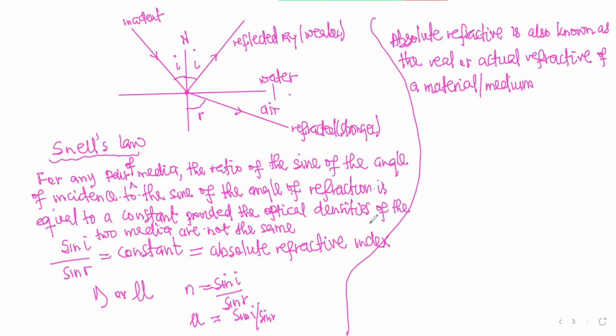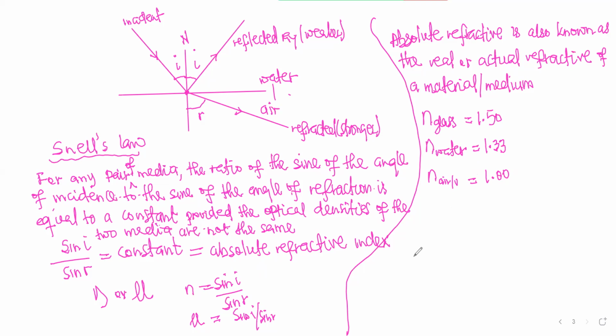Now, the refractive index of glass is around 1.5, and the refractive index of water is 1.33, and the refractive index of air or vacuum is equal to 1.00. What does it mean?